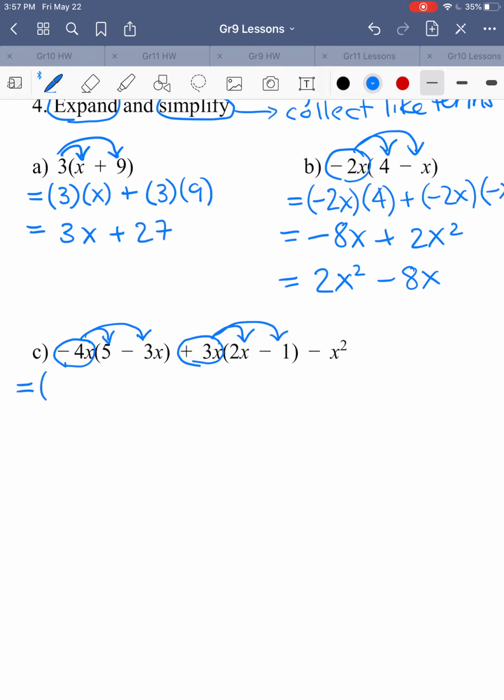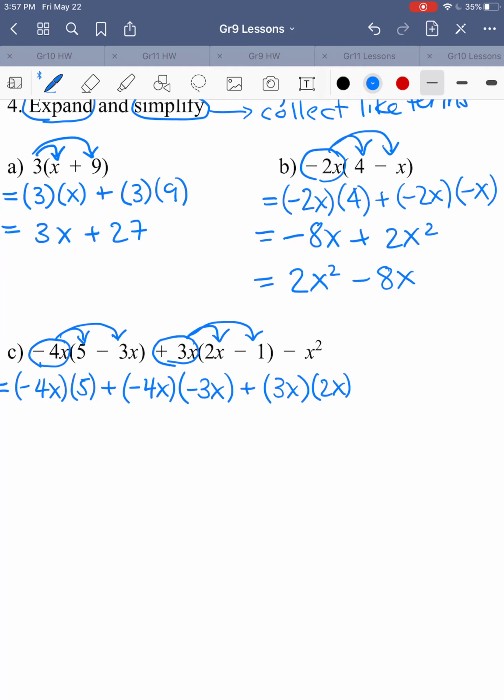That is going to give us negative 4x times 5 plus negative 4x times negative 3x plus 3x times 2x. I'm going to have to zoom out in a moment. Plus 3x times negative 1. And I think I can squeeze it in, minus x squared.